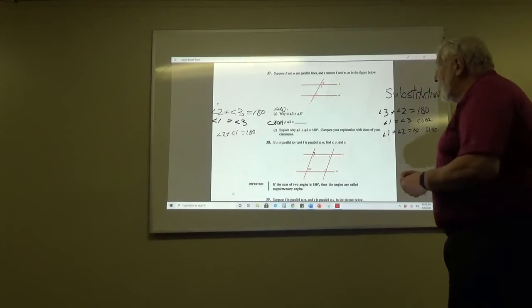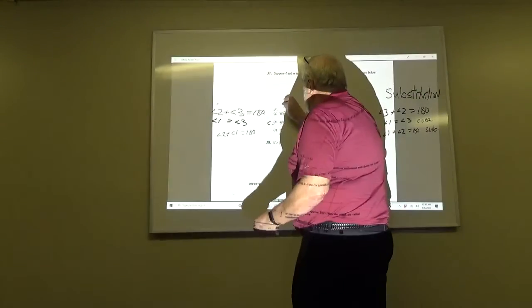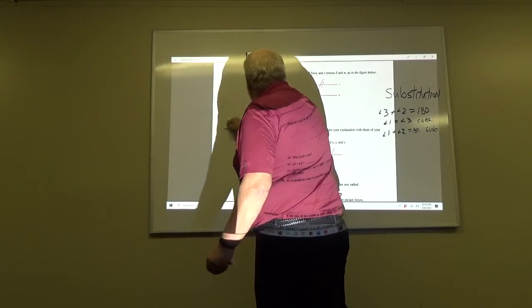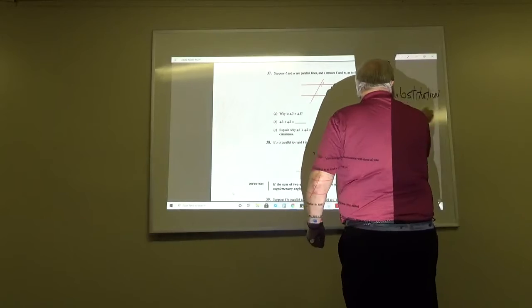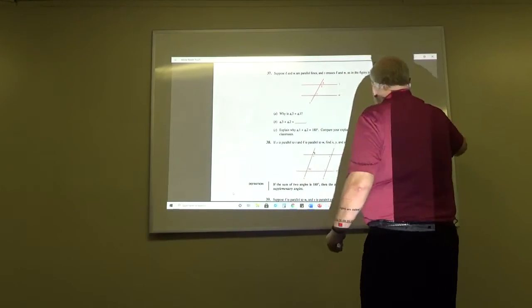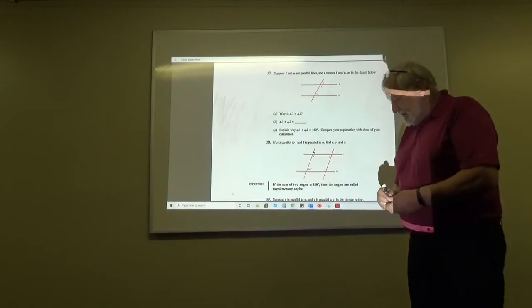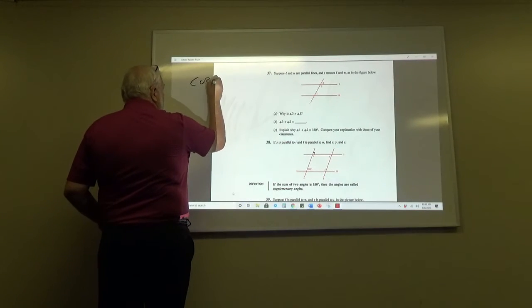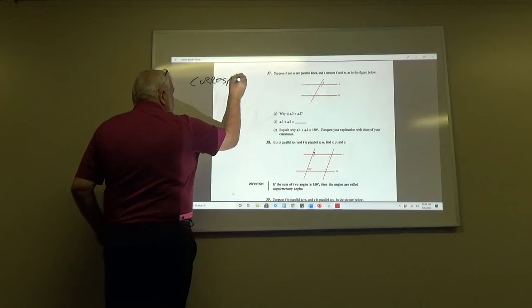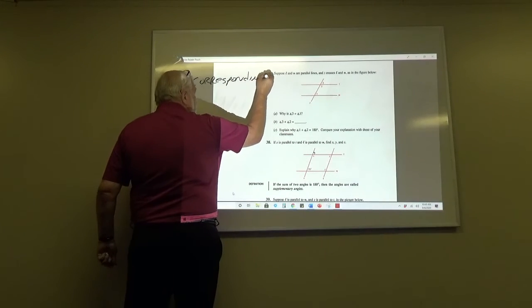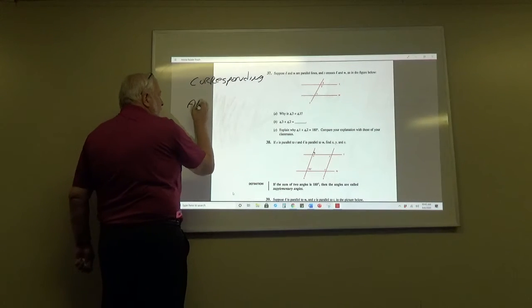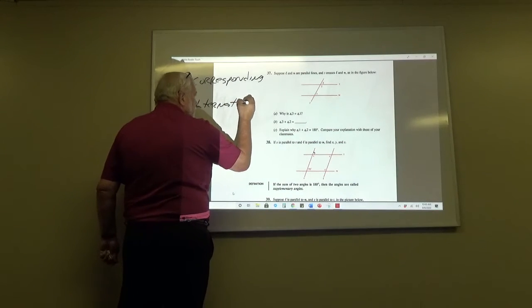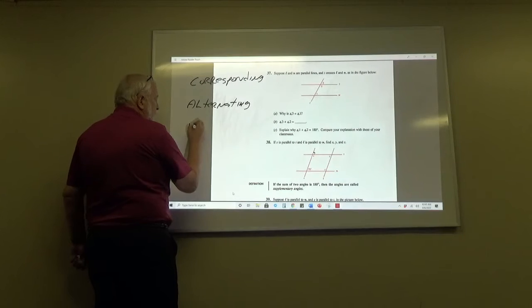Okay? Now, that gets us to a place where I want to go through the vocabulary again. We have corresponding, alternating, and vertical.